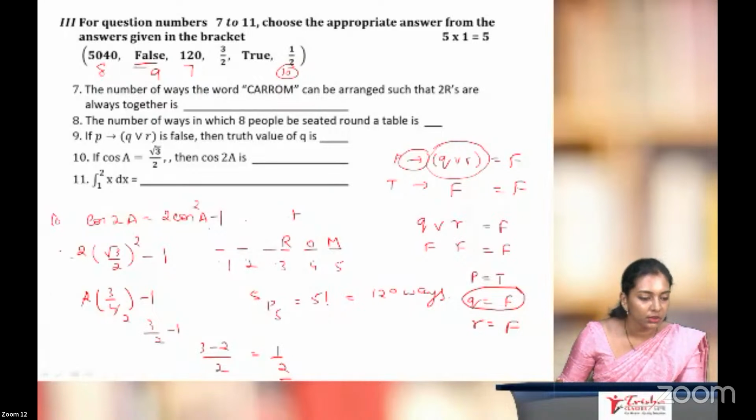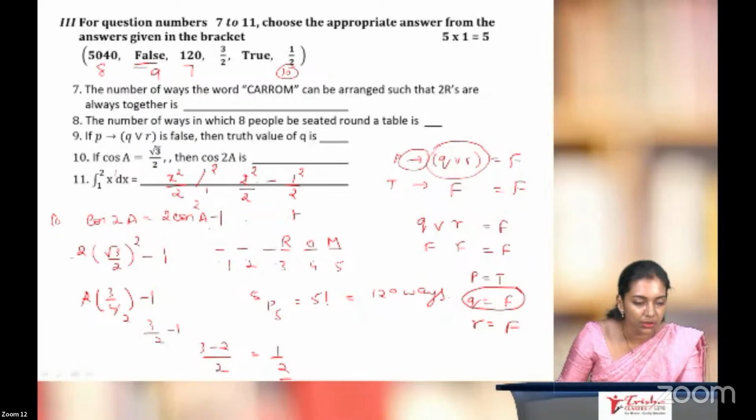Now, integral 1 to 2 of x dx. Very easy. x means power 1 is there, so what is it? x square by 2, from 1 to 2. So 2 square by 2 minus 1 square by 2.